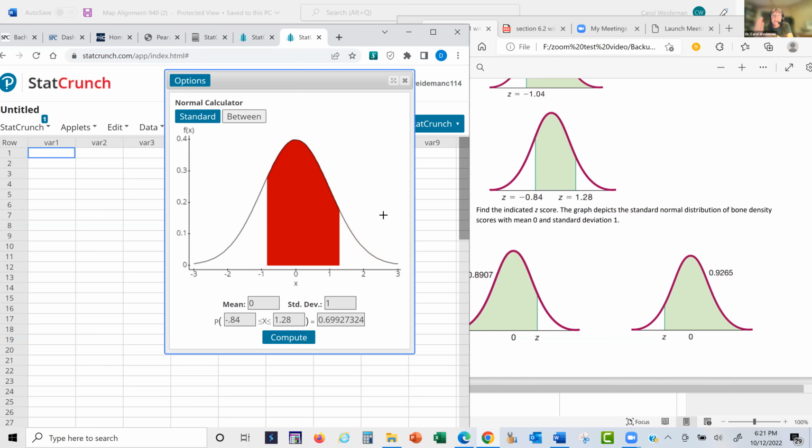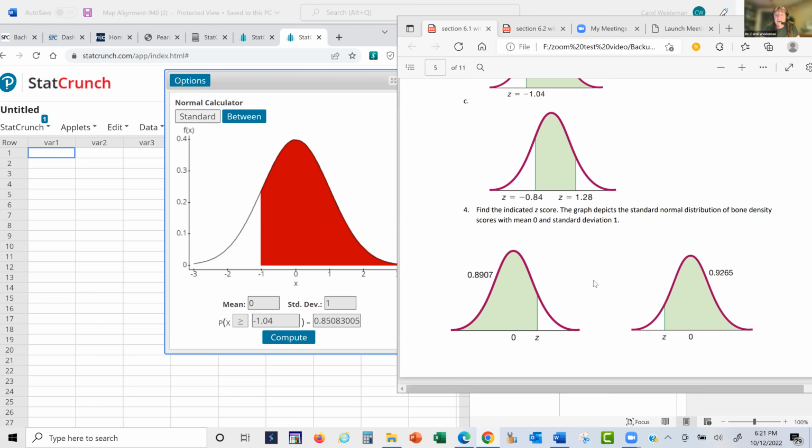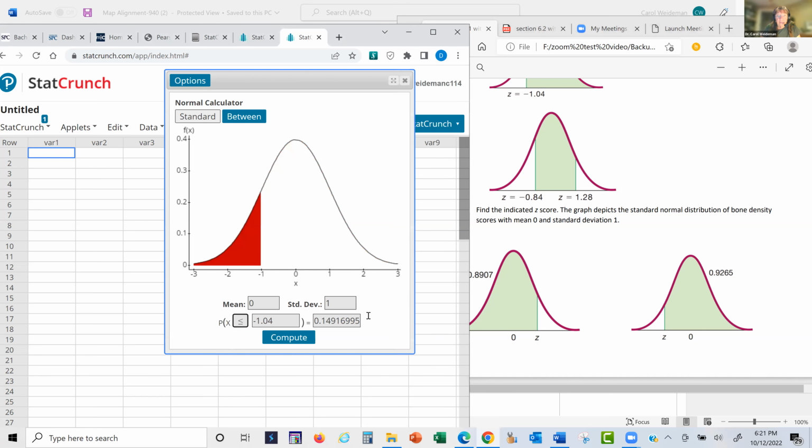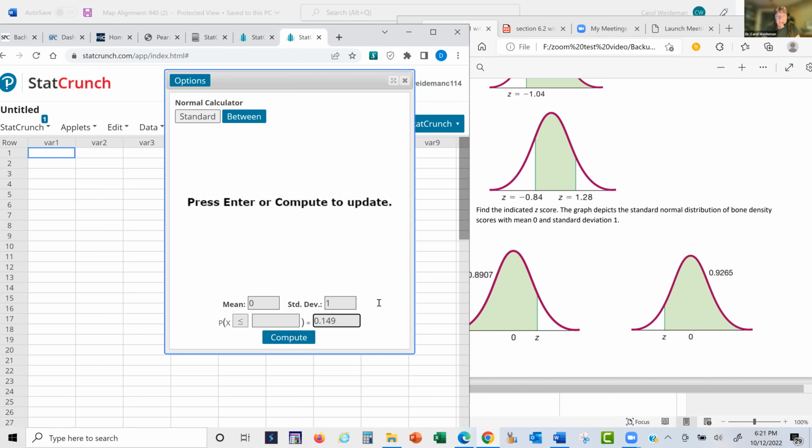Okay, now let's flip it around. Let's go back to the standard. Now, instead of giving me the value along the x-axis, the z-score, they're going to give me this time the area, and they want to know what the z-score is that corresponds to that area to the left or to the right. Okay, so what you're going to do now is, let's make sure we go to the left here so we have a less than. Now you're going to put that probability over here.